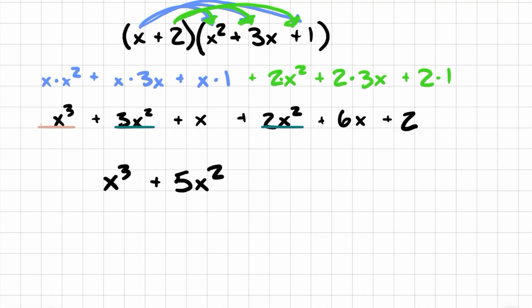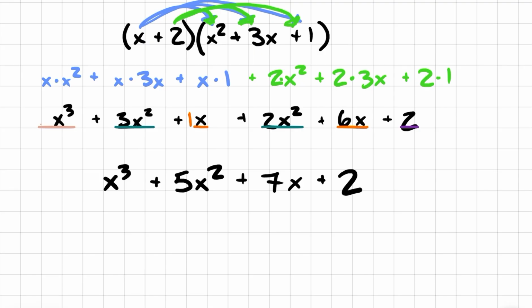Then I have 2 x's, so 1, because there's an invisible 1 right here, plus 6x is 7x. And then, because there was only 2, plus 2. And there you have it.